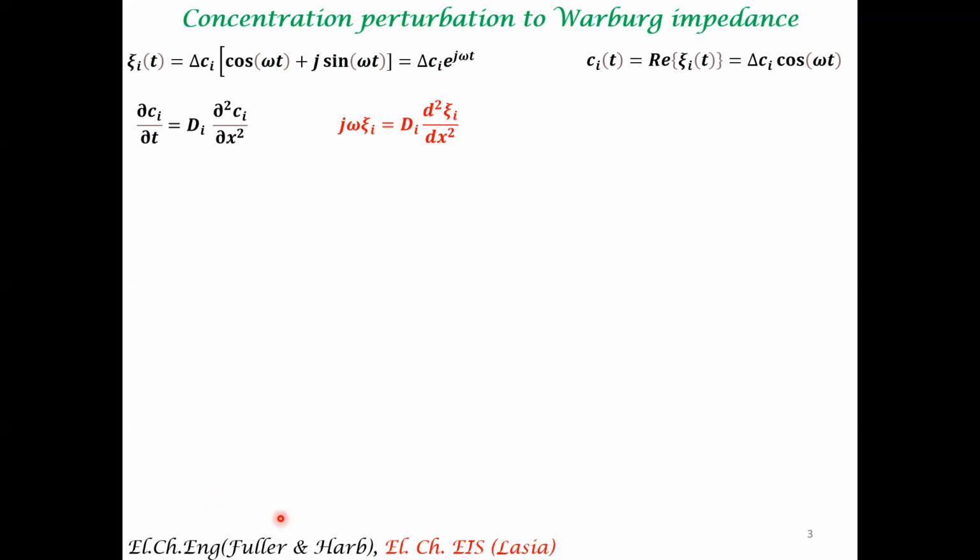And in addition to your textbook, there is a very clear exposition of all this material in this very good book called Electrochemical Impedance Spectroscopy by Lasia. So it's a very good book. So you should probably take a look at this book.